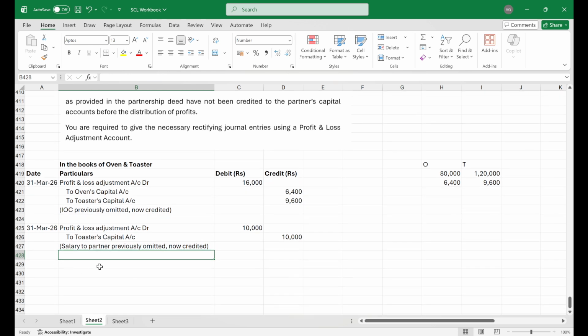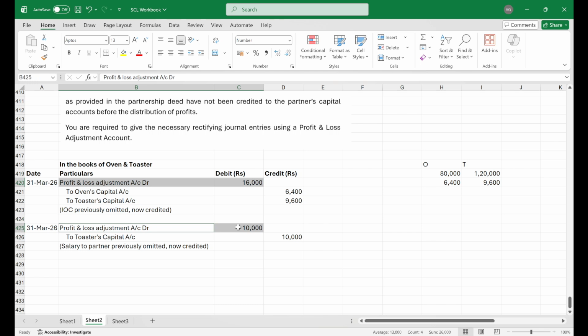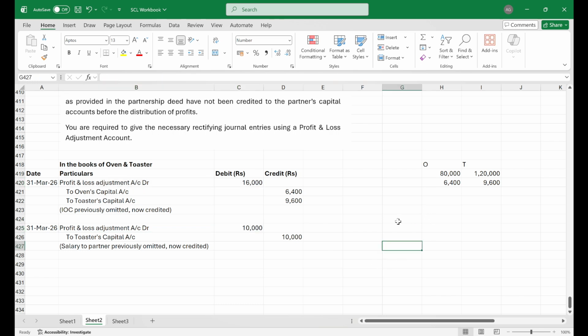And now you can see this P&L adjustment and another P&L adjustment are new debits in the firm's books. So let us imagine this P&L adjustment account is similar to our normal P&L account or normal P&L appropriation account. The first, interest on capital, would have been debited to this ledger, and also the second, the salary that got paid, would have been debited to the ledger.